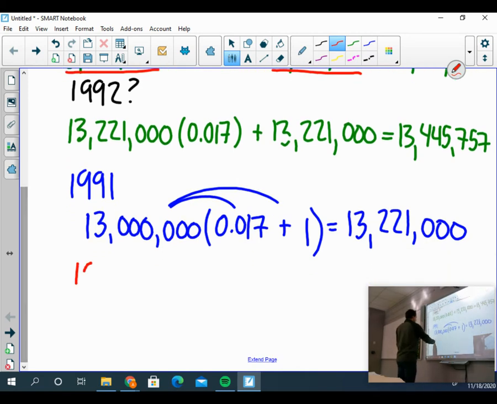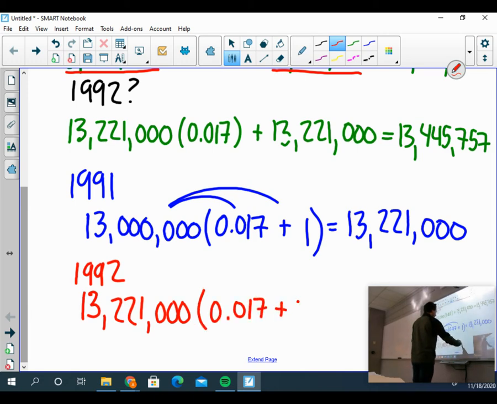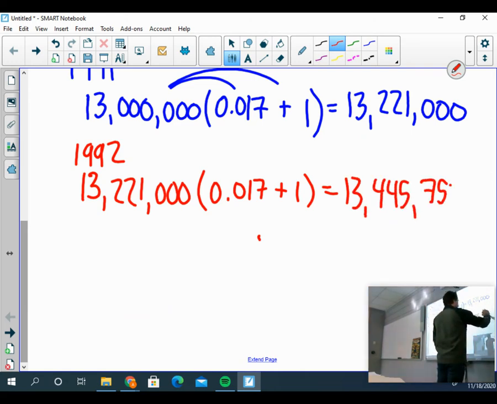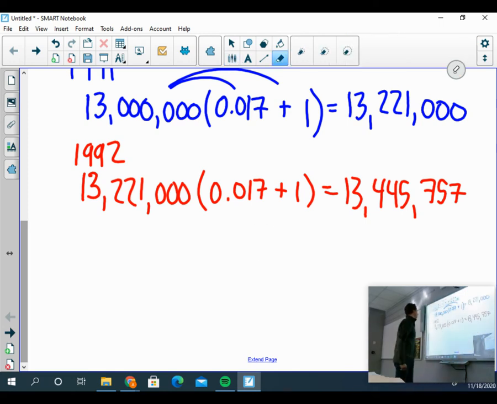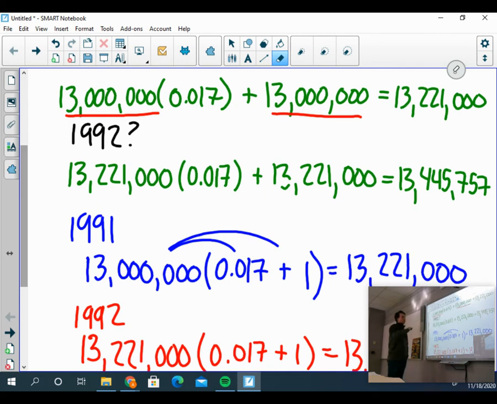Well, 1992 could be rewritten as 13,221,000 times 0.017 plus 1. Again, that will give us our answer that we got before, 13,445,757. Okay? Again, folks, it seems a little long-winded, but all I'm doing here is taking what you did in green and rewriting it.